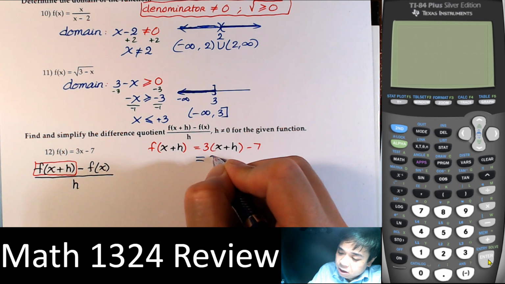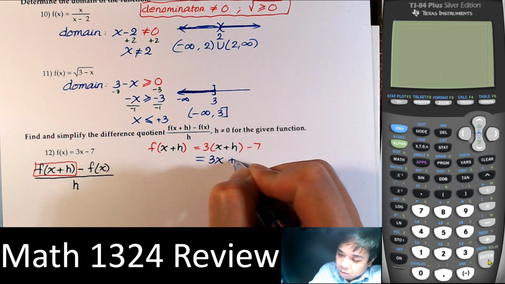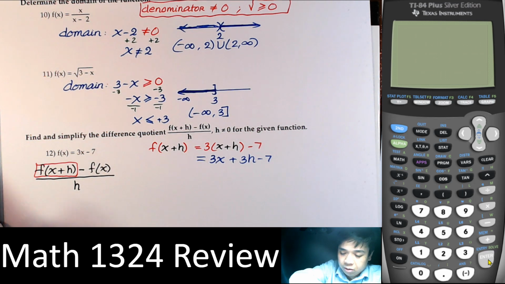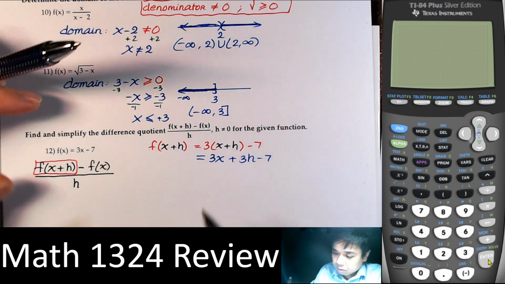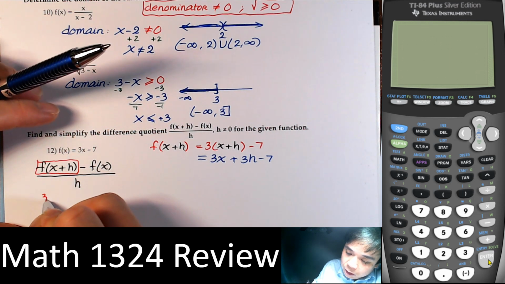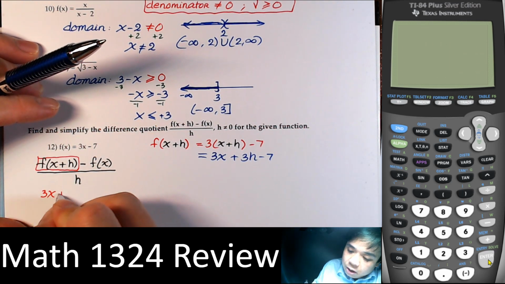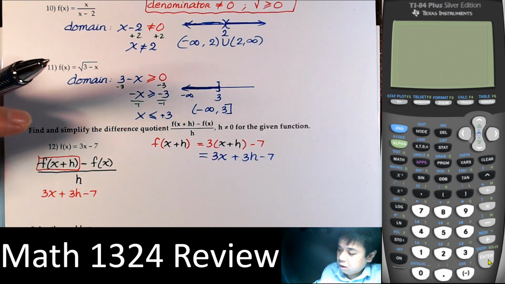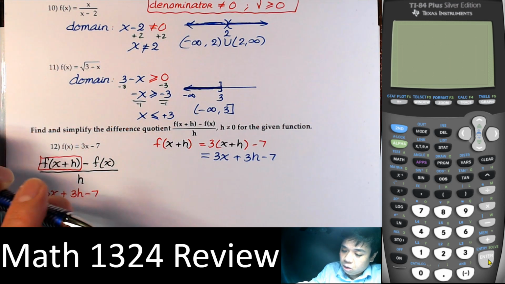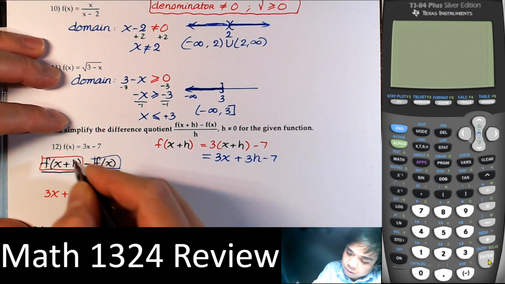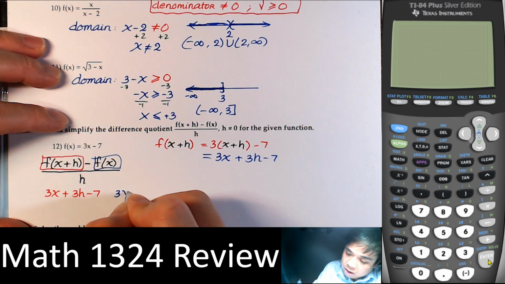So that gives us 3x plus 3h minus 7. Right. So 3x plus 3h minus 7. Right. F of x, that is the original function, so just 3x minus 7.